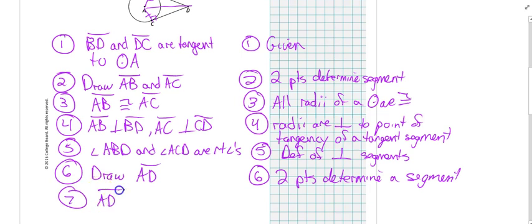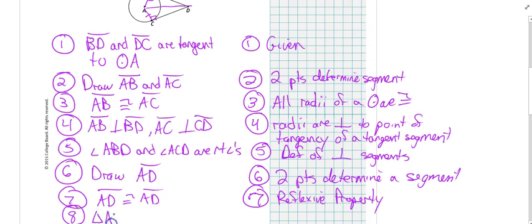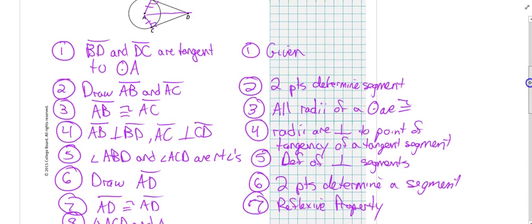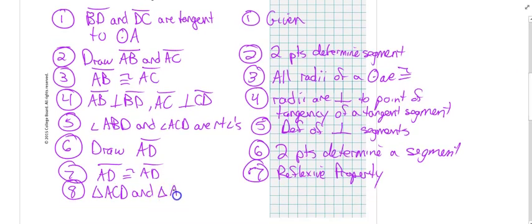So AB is congruent to AC by the reflection property. And triangle BCD and triangle ABD are right triangles, because they have right angles.